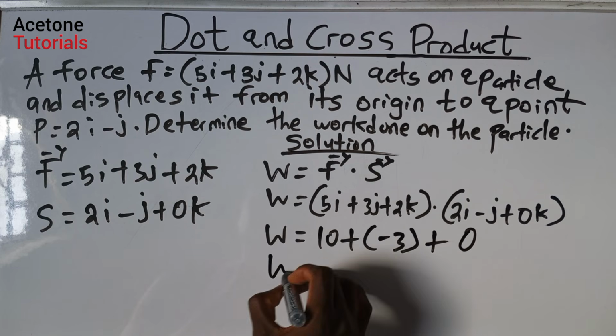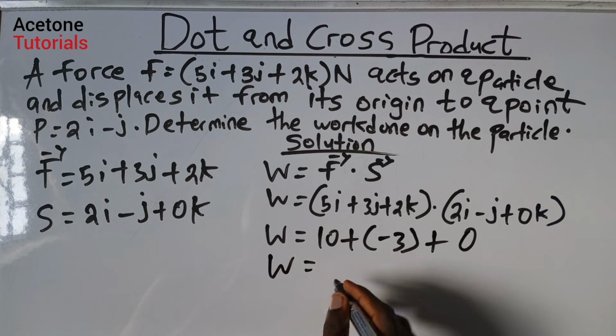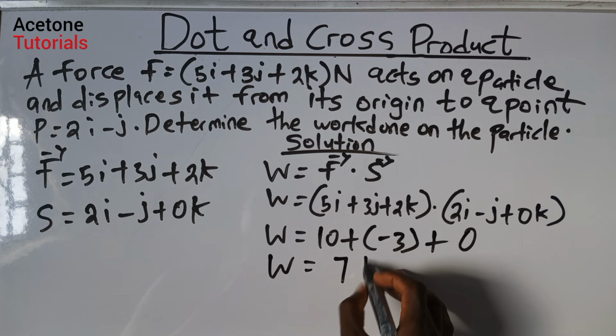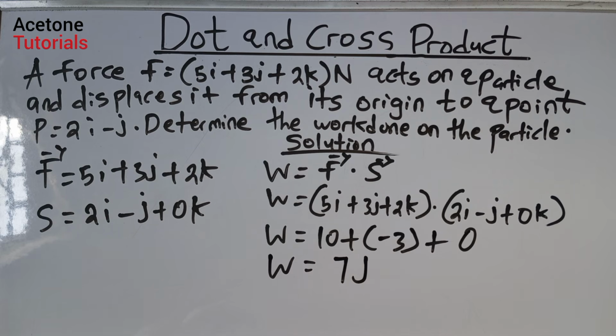So 10 minus 3 is 7. So the work done is 7 joules. That's the work done on the particle.